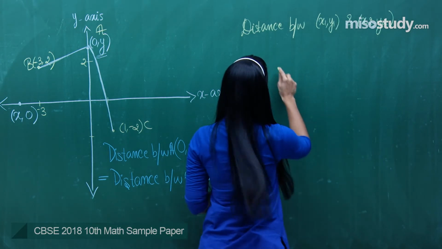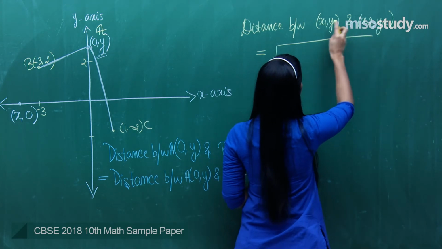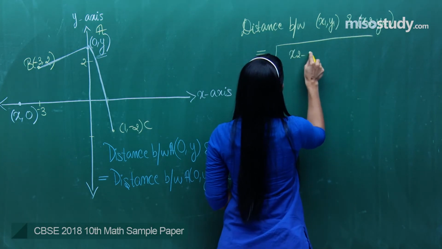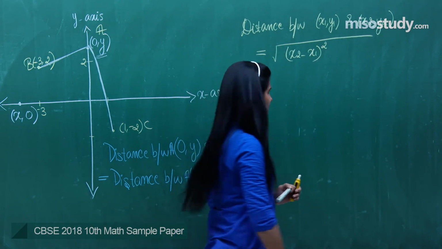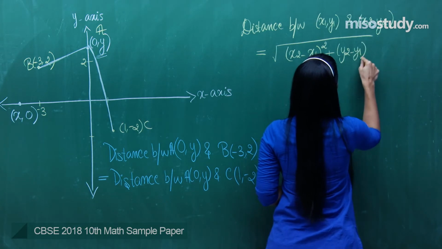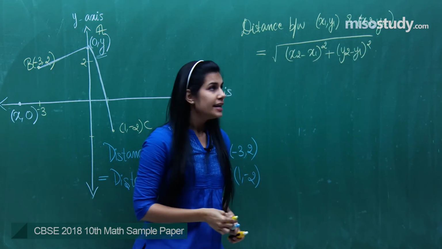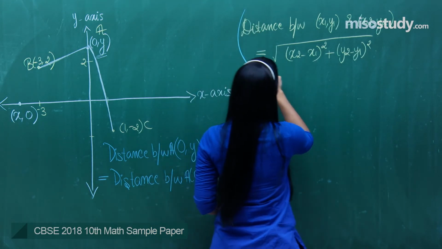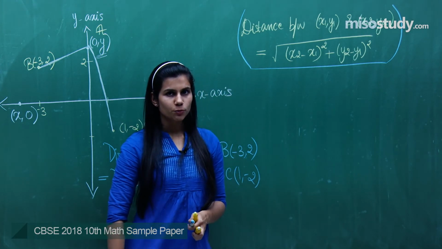It is under root of x2 minus x1 whole square plus y2 minus y1 whole square. That's it. If you know the 2 points, you can very comfortably find out the distance between these 2 points.